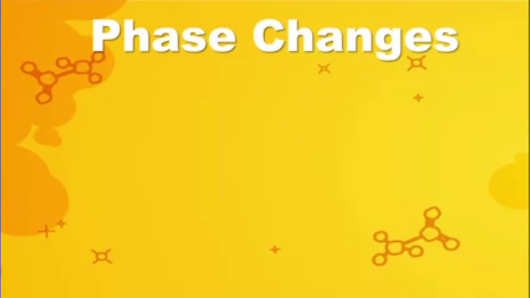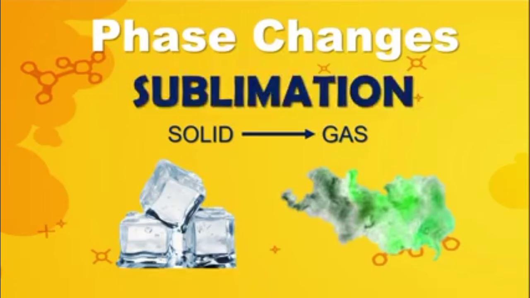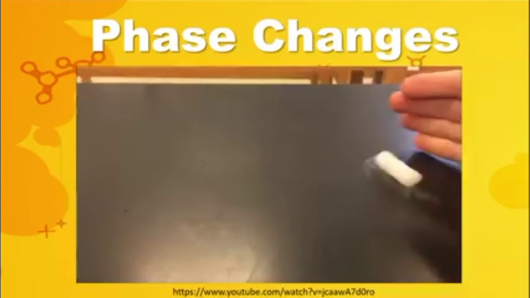Changes in physical state from liquid to gas or vice versa are common. However, some substances change from solid to gas without passing through the liquid state. This change is called sublimation. This happens when the vapor pressure of the solid is high enough that it changes to gas or vapor without becoming liquid.